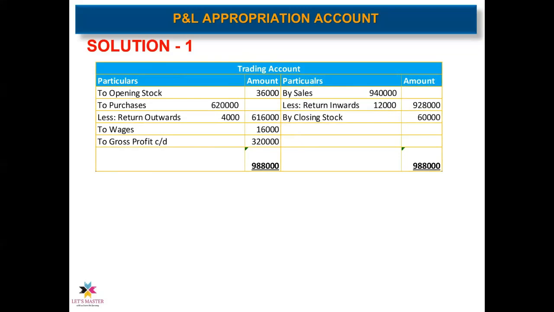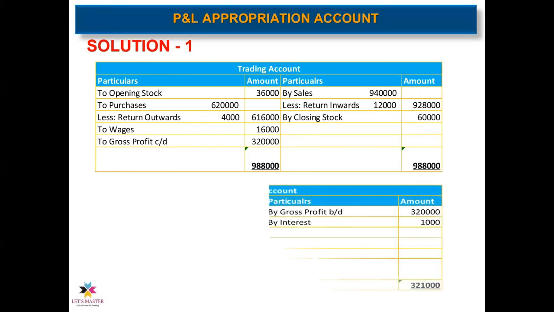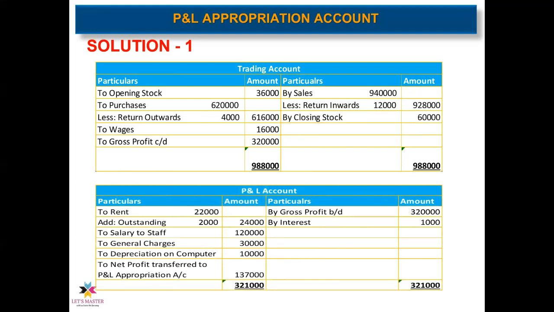As per the trading account, the gross profit that the partnership firm has earned is rupees 3,20,000. We will transfer this gross profit of 3,20,000 to the P&L account.